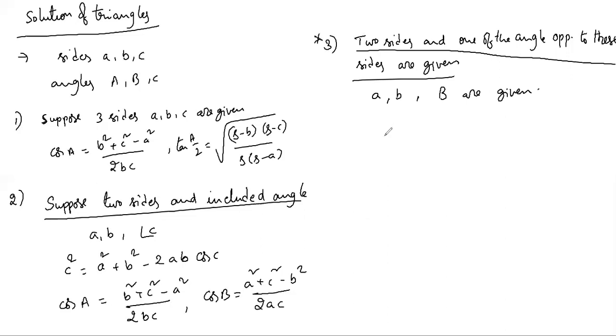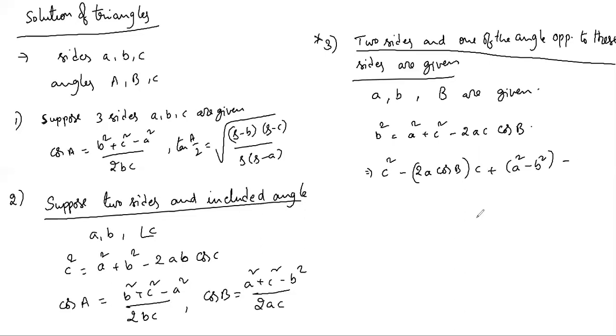So here we know angle B, so we apply the cosine rule for B. b square equals a square plus c square minus 2ac cos B. So we have to find the side c first. c square minus 2a cos B into c plus a square minus b square equals 0. This is a quadratic equation in terms of c.